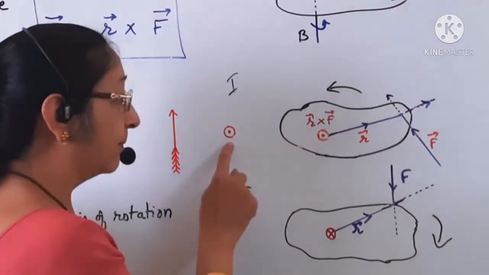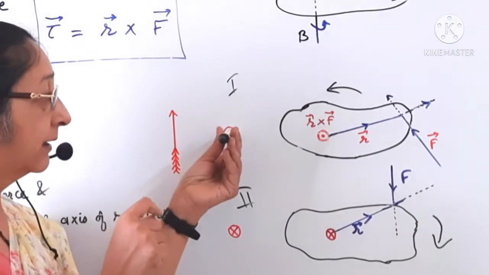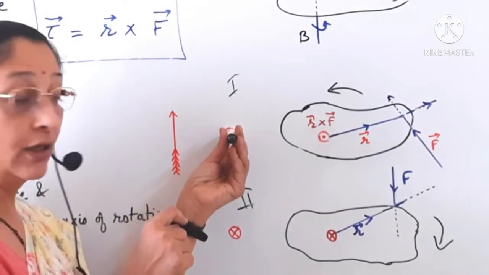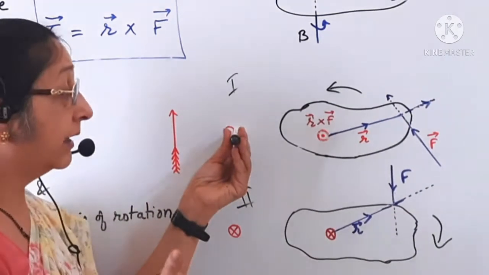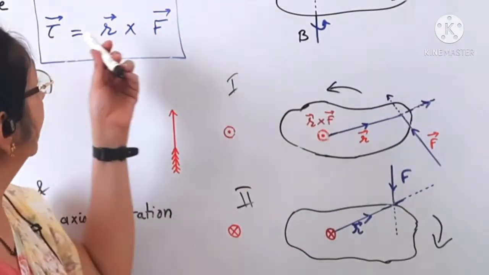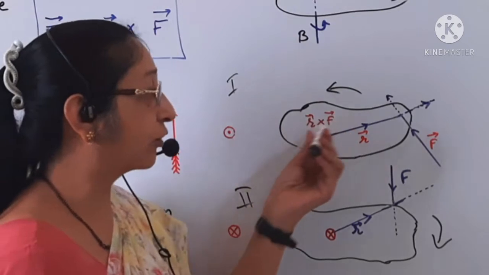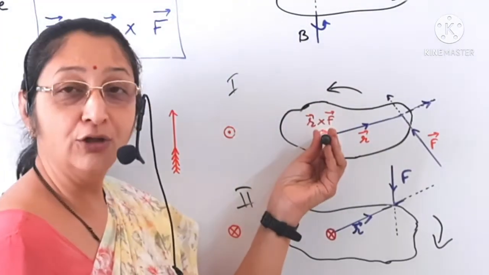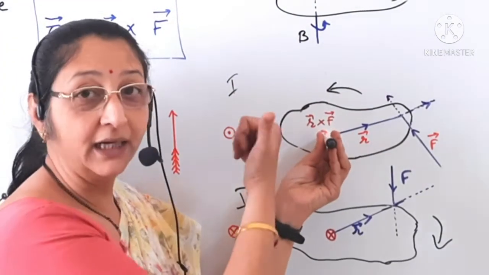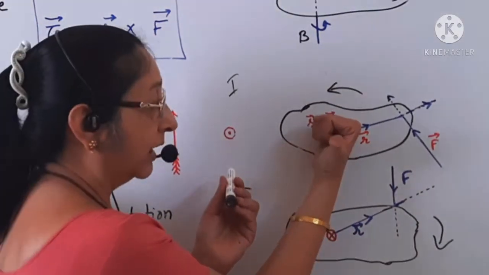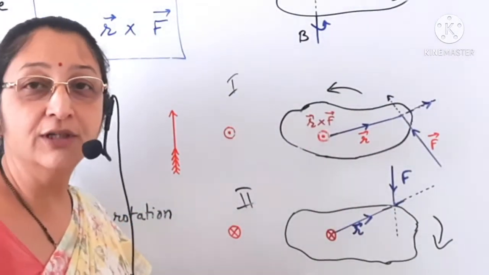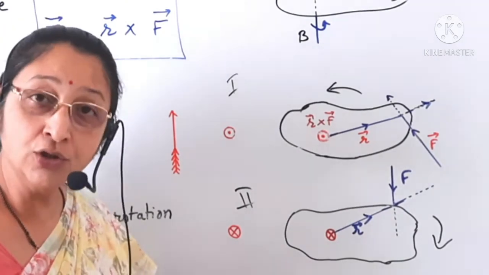Hence, this symbol shows that the direction is perpendicular to the plane of the paper and it is outwards. So here the direction of the torque R cross F is perpendicular to the plane of the board and coming outwards. Now, in the next case, we are going to discuss the direction of the torque.